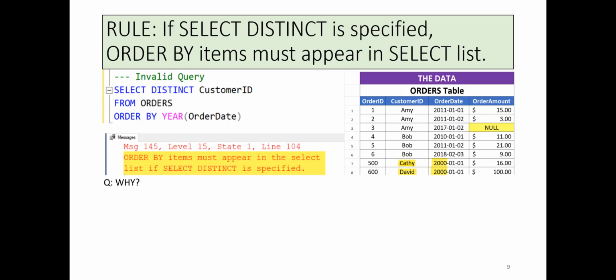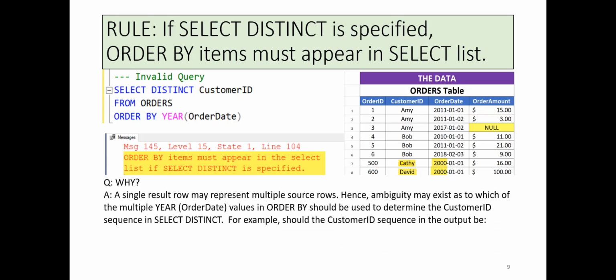Why is that? Well, the reason is that a single result row may represent multiple source rows. Therefore, ambiguity may exist as to which of the multiple year order date values in order by should be used to determine the customer ID sequence that is output by the select distinct clause.